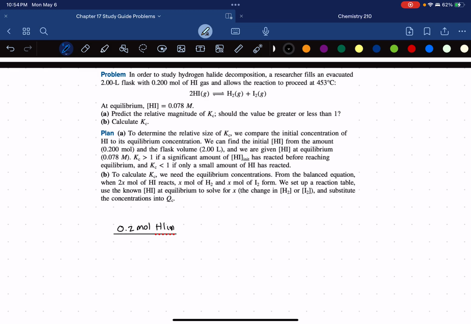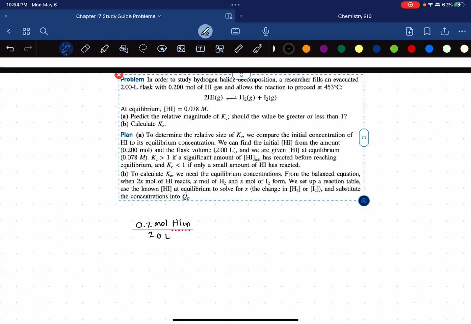And we are also given the volume, which is 2.0 liters. This would give us an overall concentration equal to 0.100 molar HI.